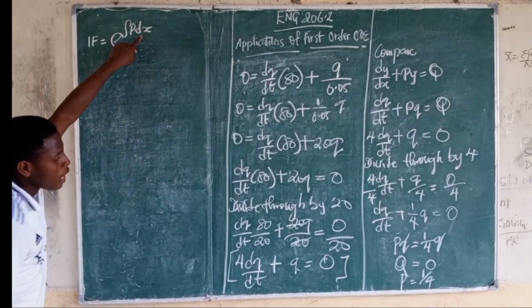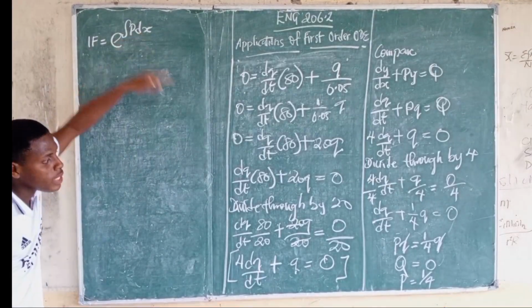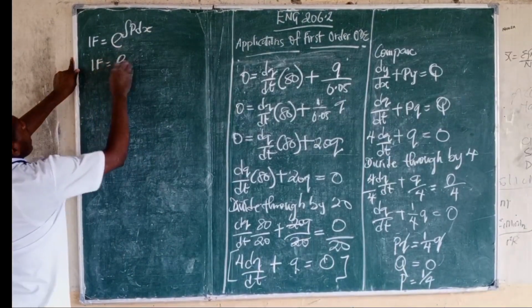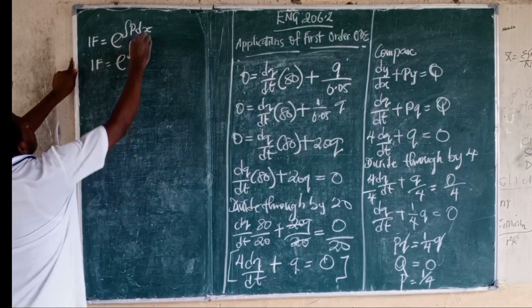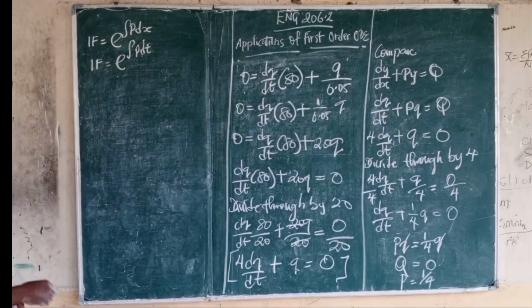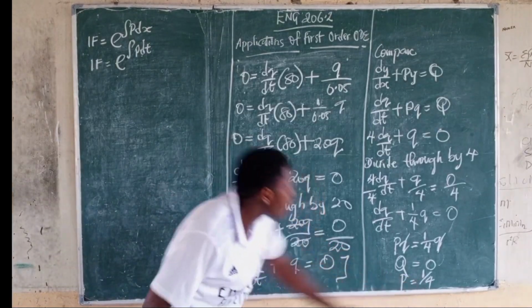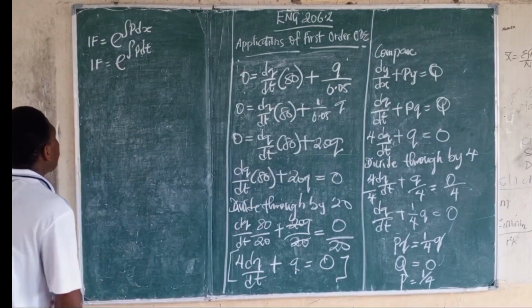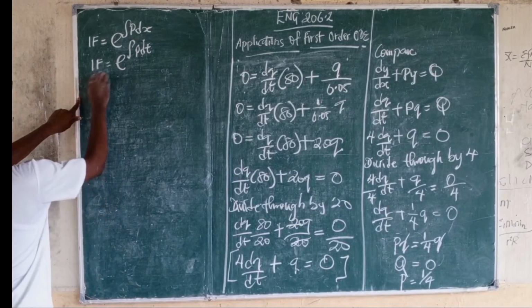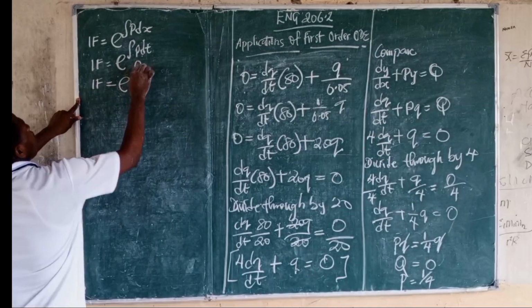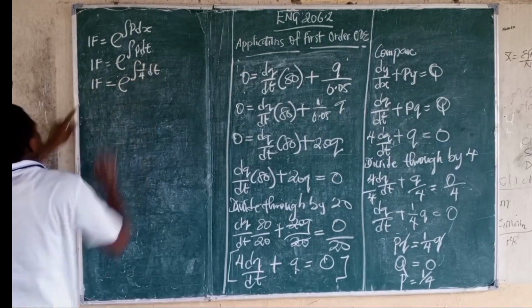But in this case we are not using x, we are using t. So IF is equal to exponential integral of P dt. We've gotten our P to be 1 over 4, so you simply take 1 over 4 into this equation. You have IF equal to exponential integral of 1 over 4 dt.